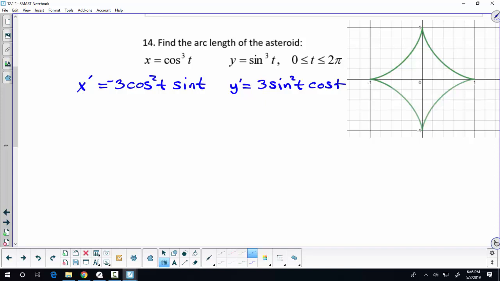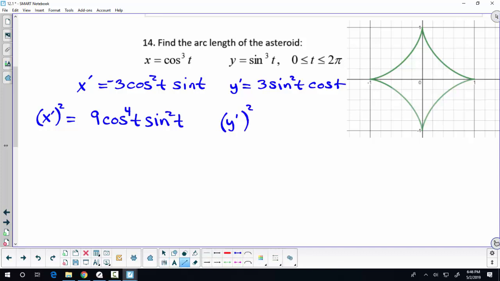When we square it, since it's just a product, we'll just square all of them. So we have negative 3 squared, cosine squared squared, and sine squared. Y prime squared is 9 sine to the 4th cosine squared.